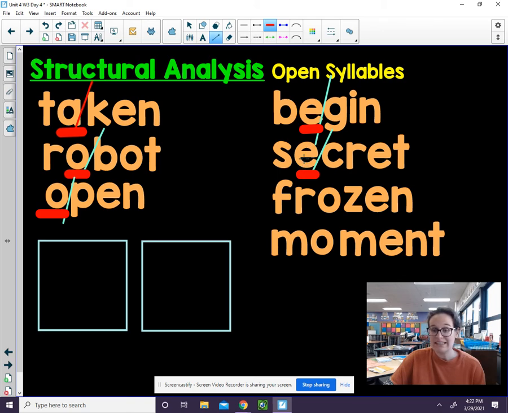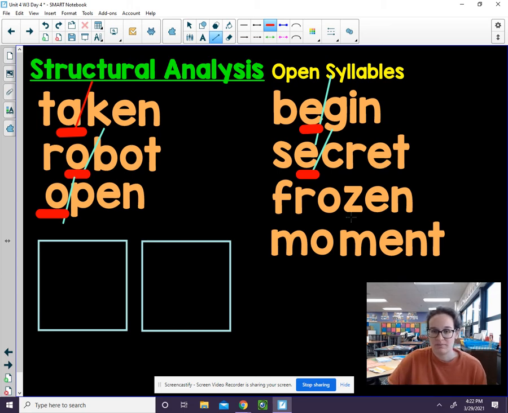So let's give it a long E sound. Let's sound it out. Secret. Secret. What was the word? Secret. Yeah, let's go ahead and clap it. Secret. That makes sense. That is a word that we know.